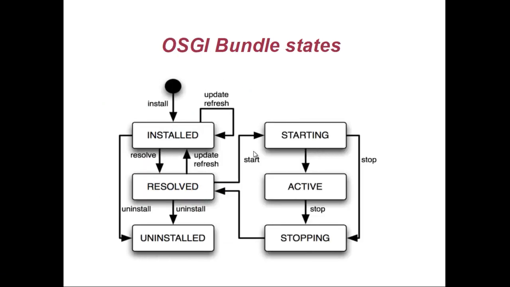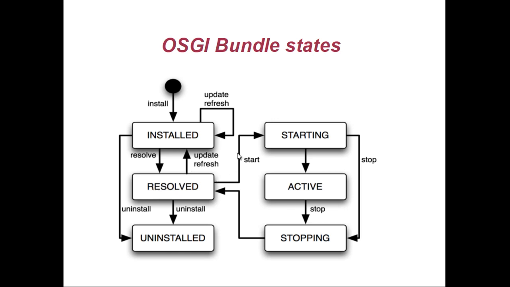If we talk about the OSGi bundle state, a jar file is going to get installed. Once it is deployed in the container, the first state is going to be installed. Then the bundle is resolved. It's going to resolve all of the dependencies that are required as a part of this bundle. If those dependencies are not available, this particular bundle is not going to get started.